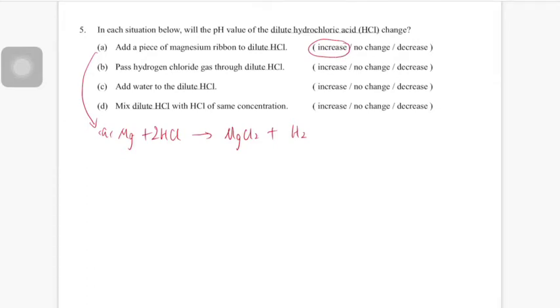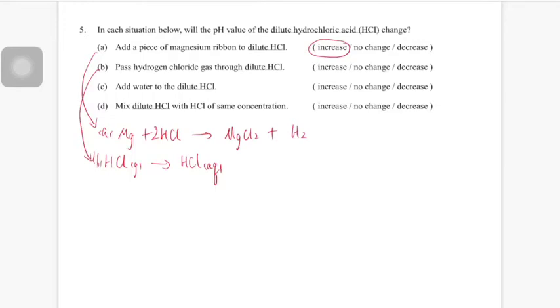And then, part B, pass hydrogen chloride gas through dilute hydrochloric acid. Okay, so when we dissolve hydrogen chloride gas into water, into a solution. So originally hydrogen chloride is a gas, but after we pass it through dilute hydrochloric acid, it would dissolve in water and form hydrochloric acid.